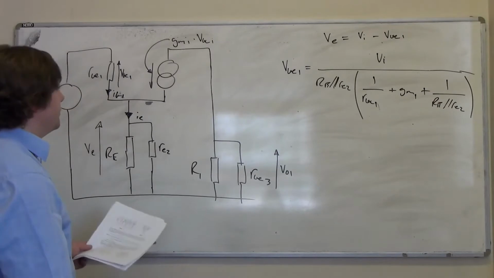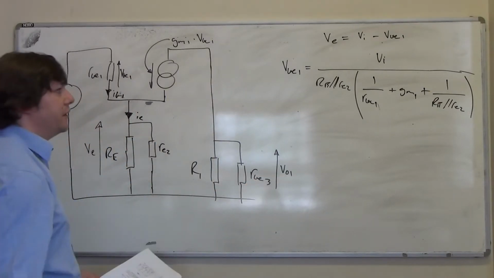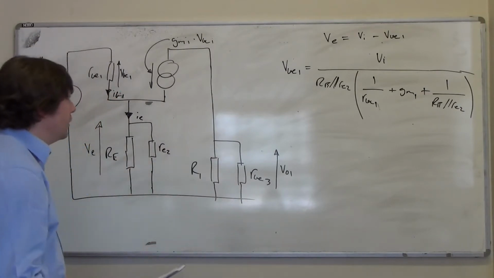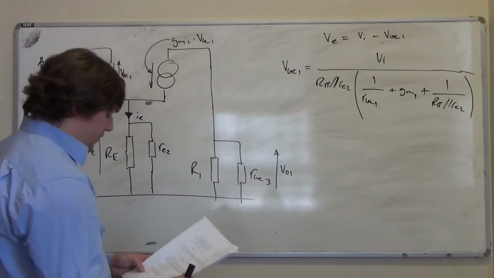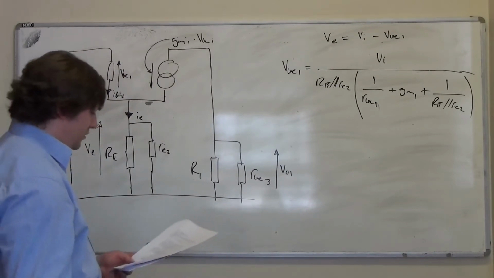Our next business is to relate VBE1 to VO1, and once we've done that, we'll be able to use the two equations to do some calculations. So this bit's actually a lot simpler than the other bit. Doesn't take near as long.